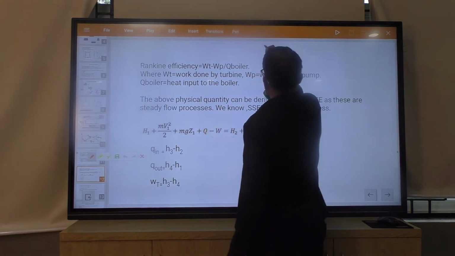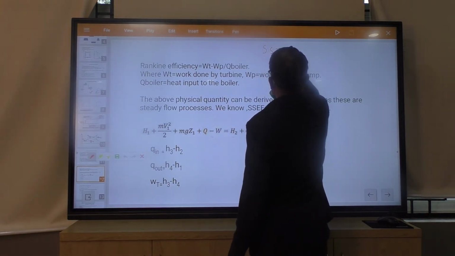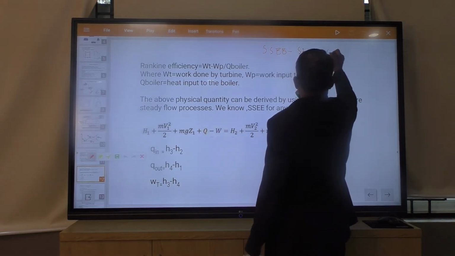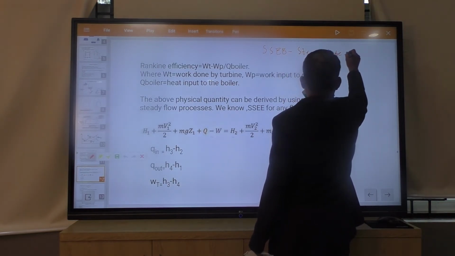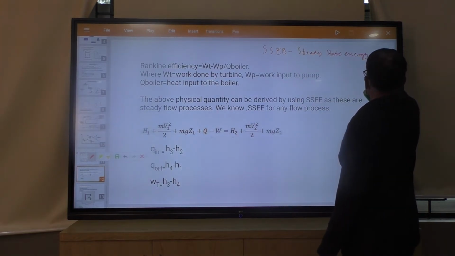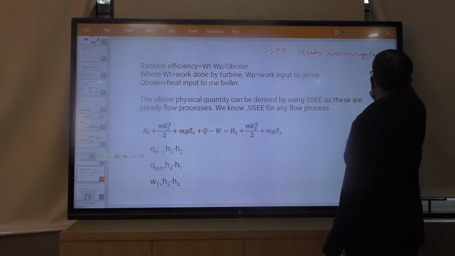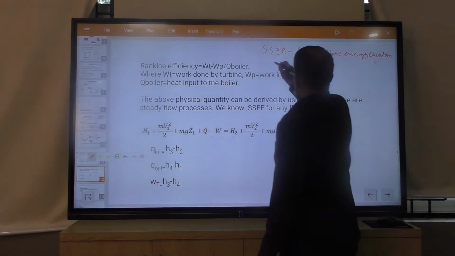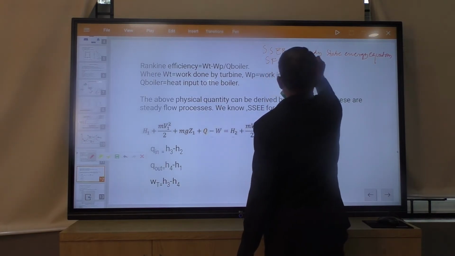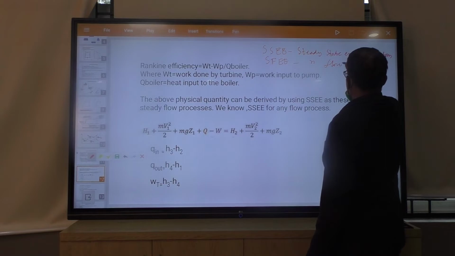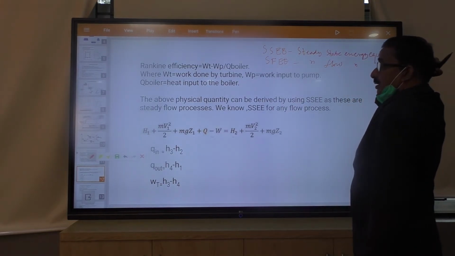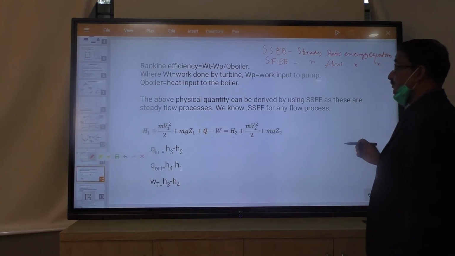The full form of SSEE is steady state energy equation, also known as steady flow energy equation. This equation is applicable for open system.